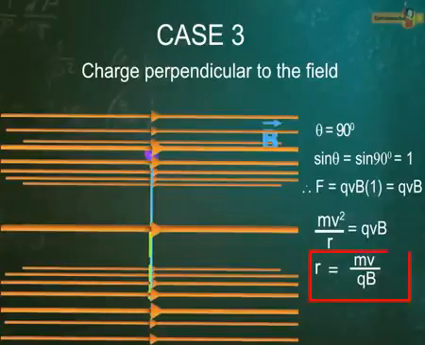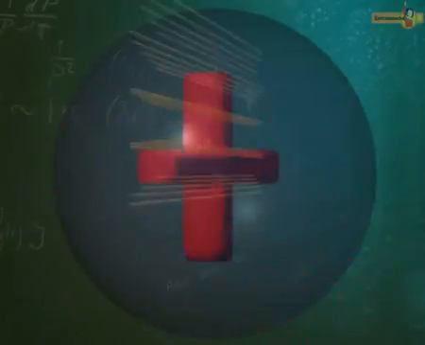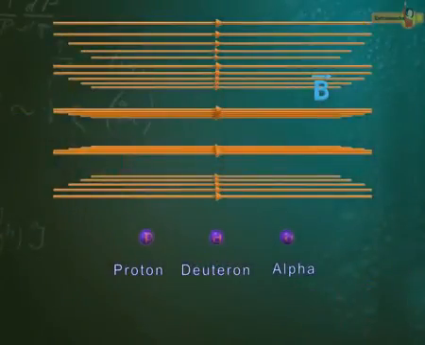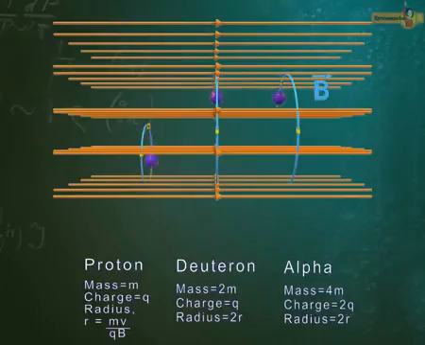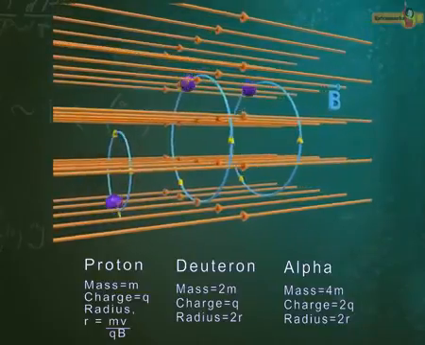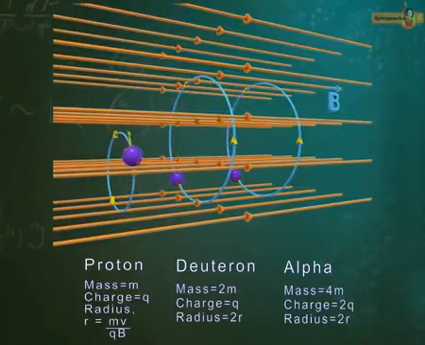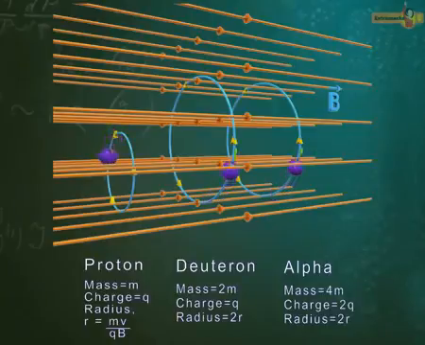We now consider three different charged particles: proton, deuteron and alpha particle moving with the same velocity v in the same direction in the given uniform field. As soon as the magnetic field is applied, all three of them start moving in a circular path.